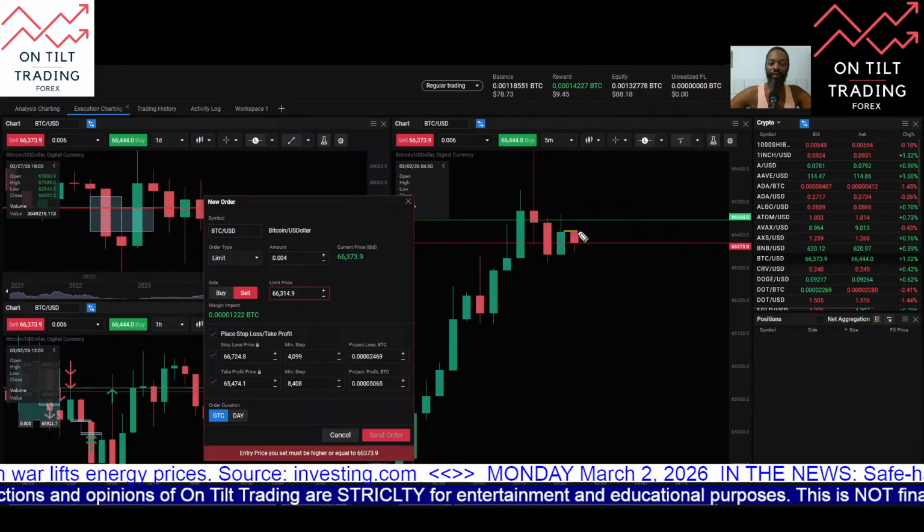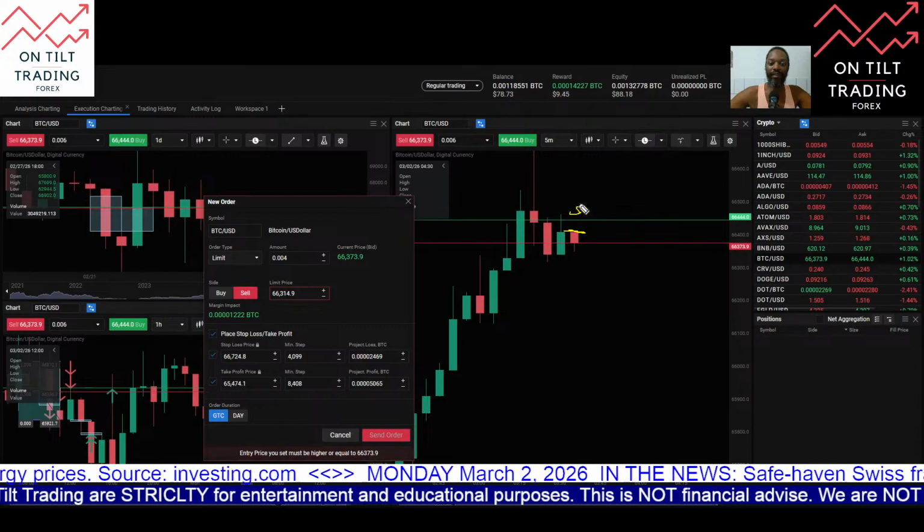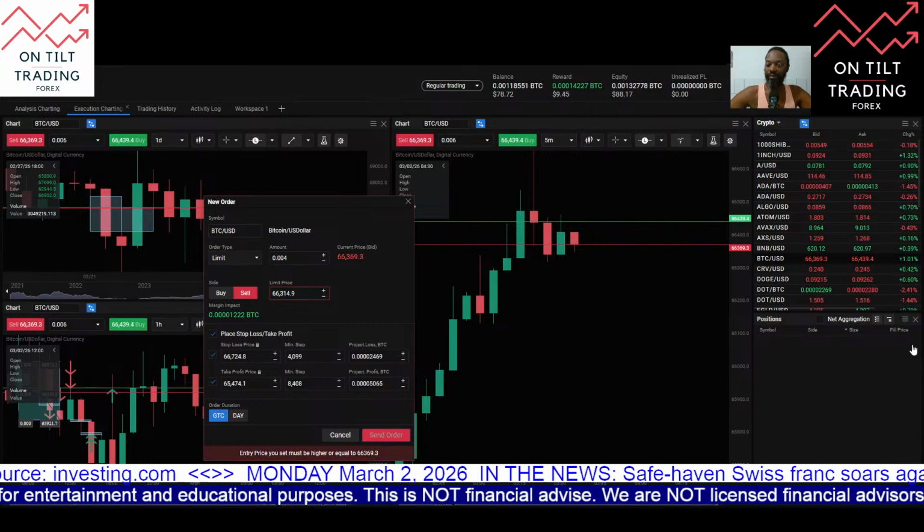Market has left some liquidity here above this candle. I don't like that.